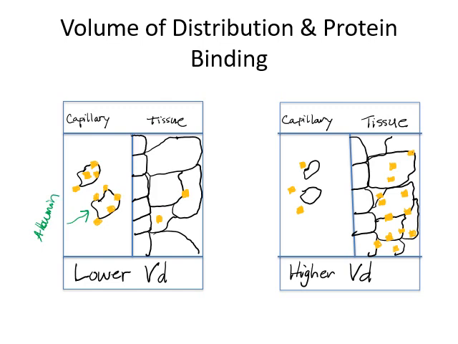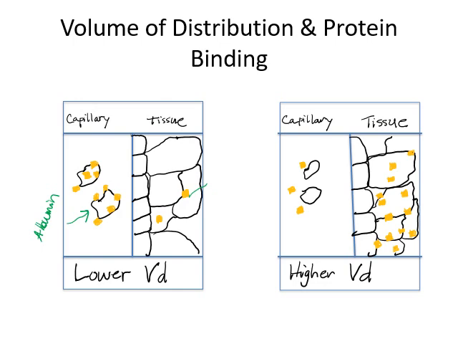So because it's protein bound, you have less drug to move across the membrane on the right to the tissue and bind to the receptors on the tissue, which are here, okay? On the right, you have a drug that has a high volume of distribution, so it has low protein binding. You see there's just not much drug here bound to the albumin.